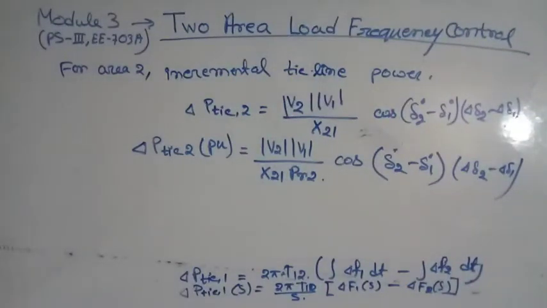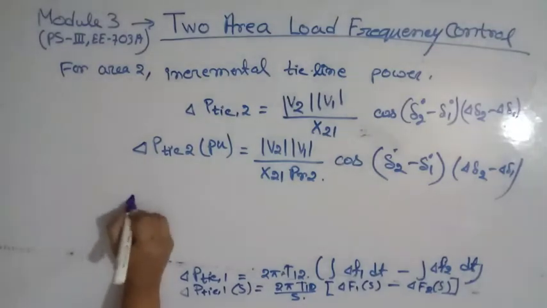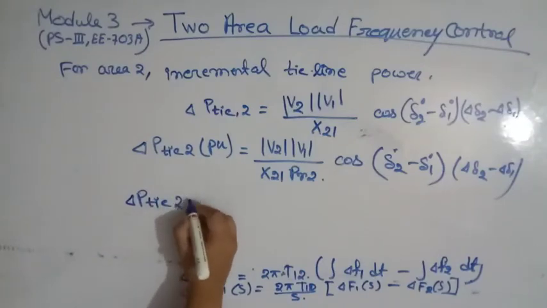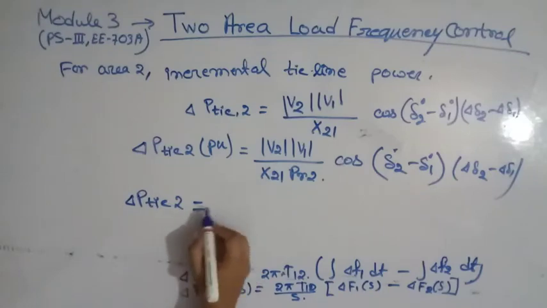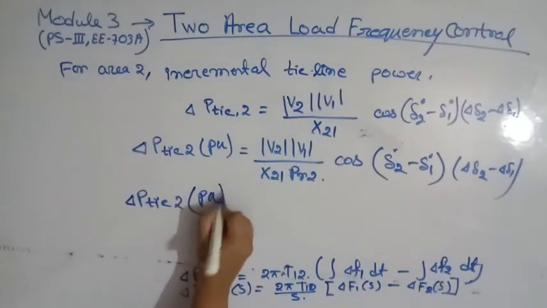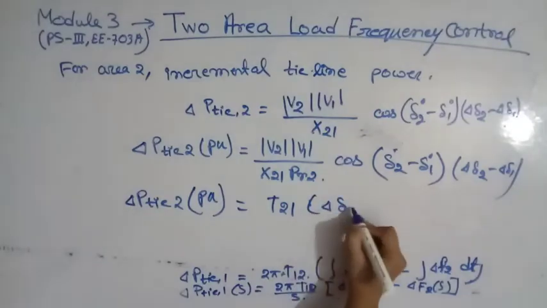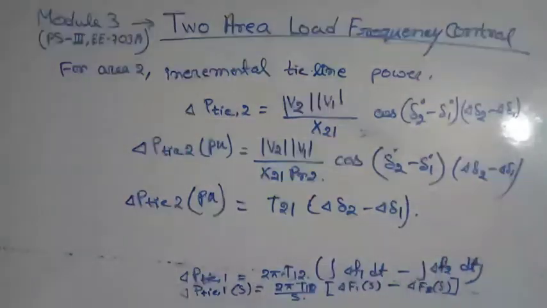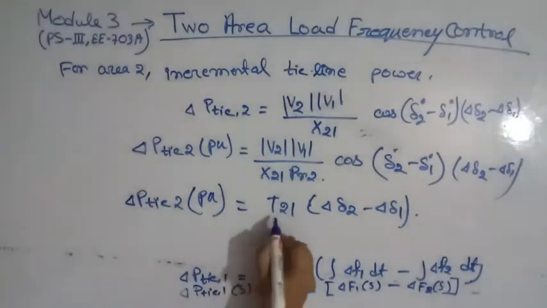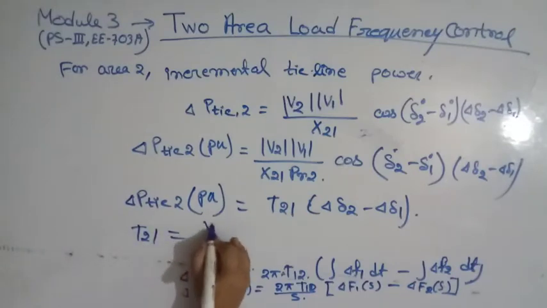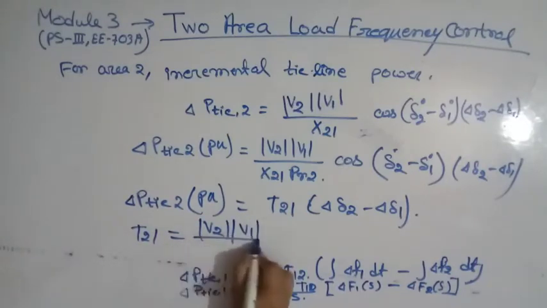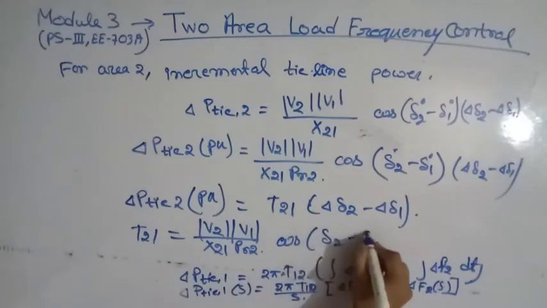Now similarly, incremental power angles are integrals of incremental frequency, so it can be written that delta P tie 2 equals T21 times delta 2 minus delta 1, where the value of T21 equals V2 V1 by X21 PR2 cos delta 2 minus delta 1.